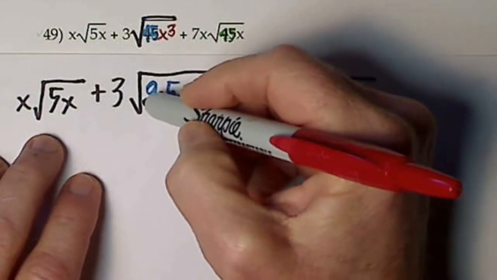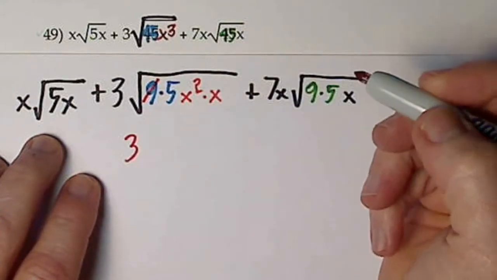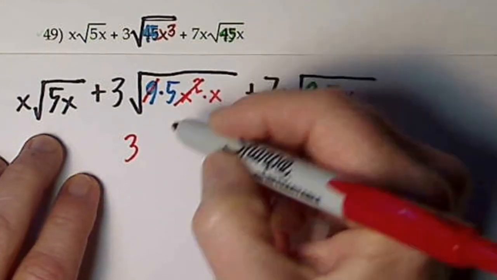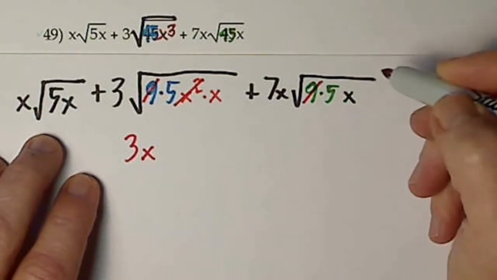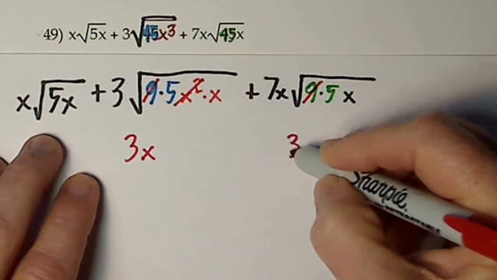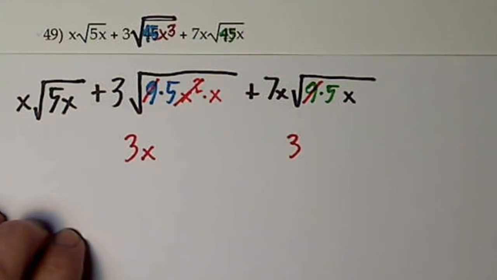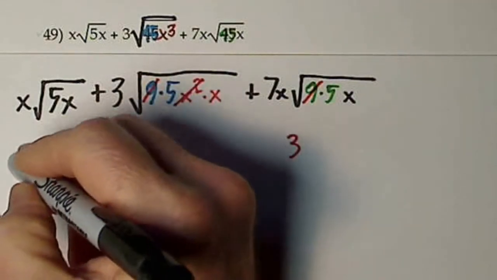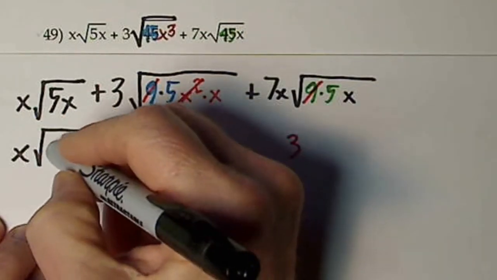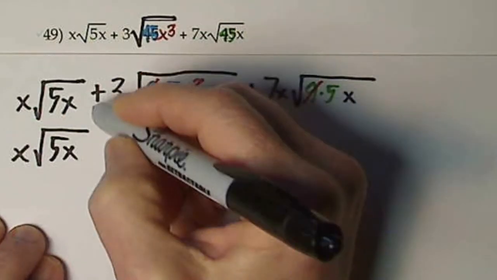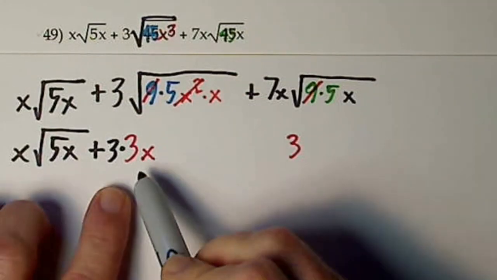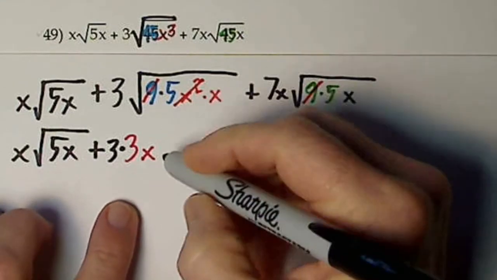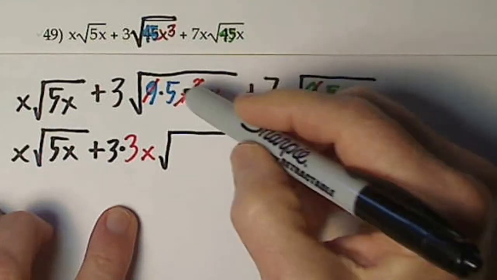Over here, the square root of 9 is 3. The square root of x squared is x. Over here, the square root of 9 is 3, and this 5x will be trapped under there. So we now have x radical 5x plus 3 times what we got out from under the radical. And then what is still trapped under there is a 5 and an x.